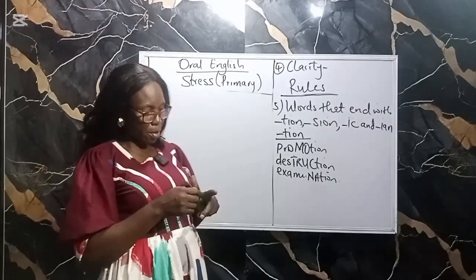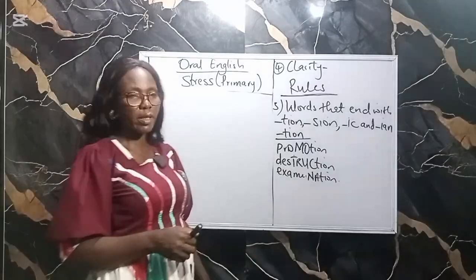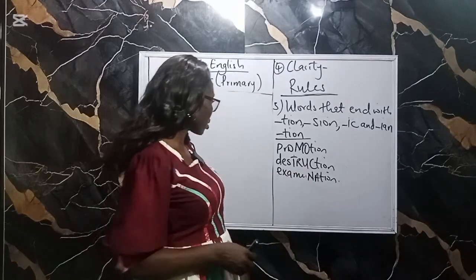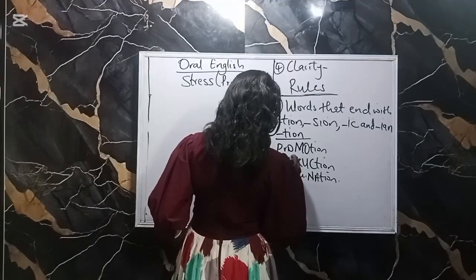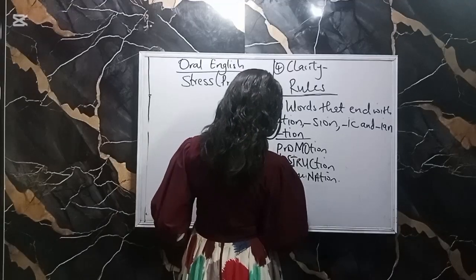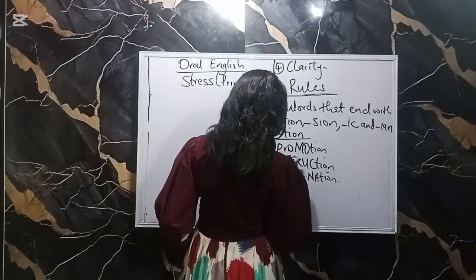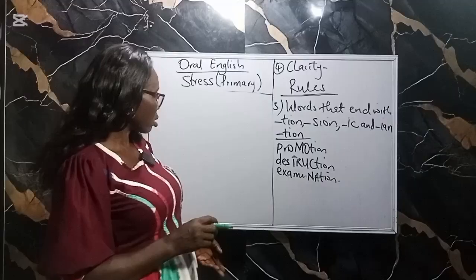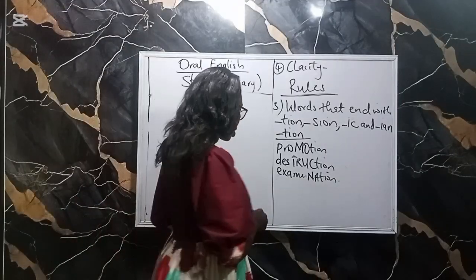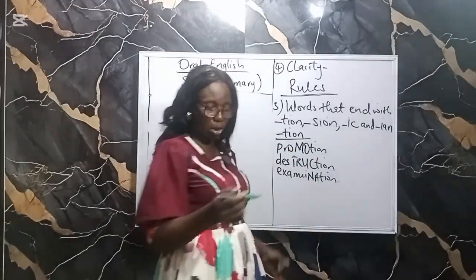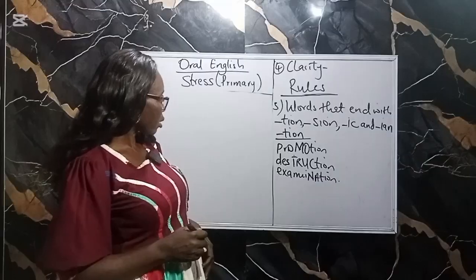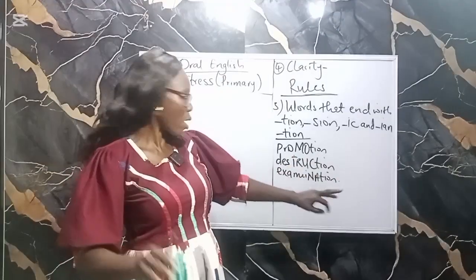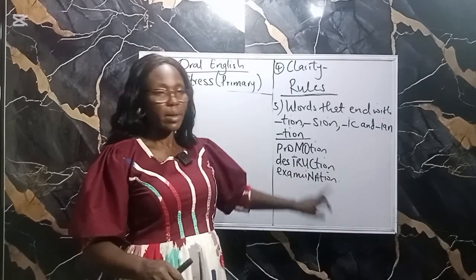Those words that end with tion, you stress the syllable before that. Here we stress more, destruction. Destruction. Examination. Okay. Now, you've seen it. If we have our rubber now, we stretch the rubber on mo, struc, and na.